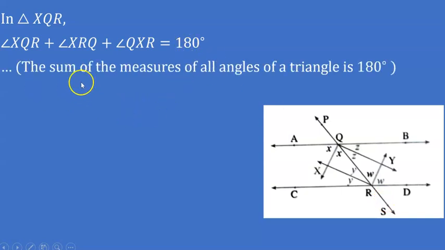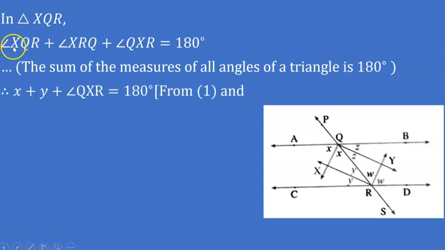That is the sum of measures of all angles of a triangle is 180. Now XQR is x and XRQ is y, plus measure of angle QXR is equal to 180.